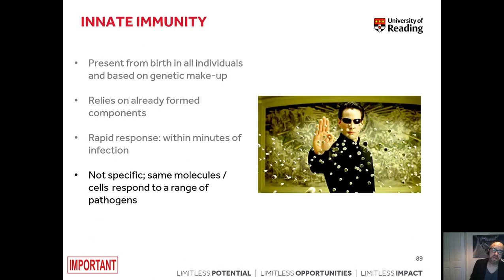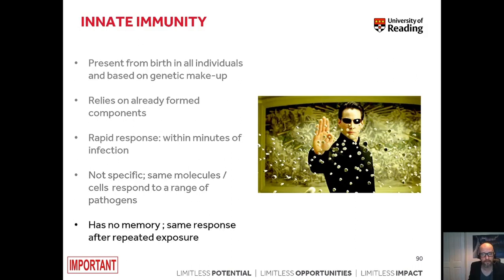Innate immunity is also not very specific because the same molecules and cells respond to a range of pathogens. So regardless of the nature of the microbe or microorganism that is infecting the system, the same set of molecules and responses, including inflammation, are usually used.